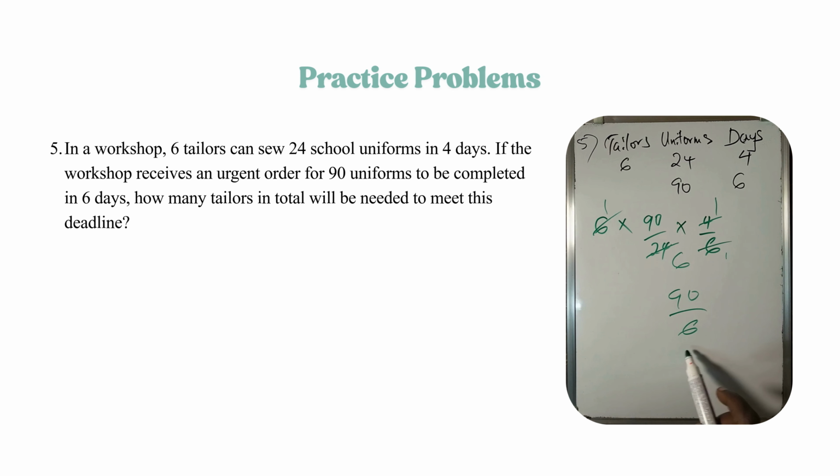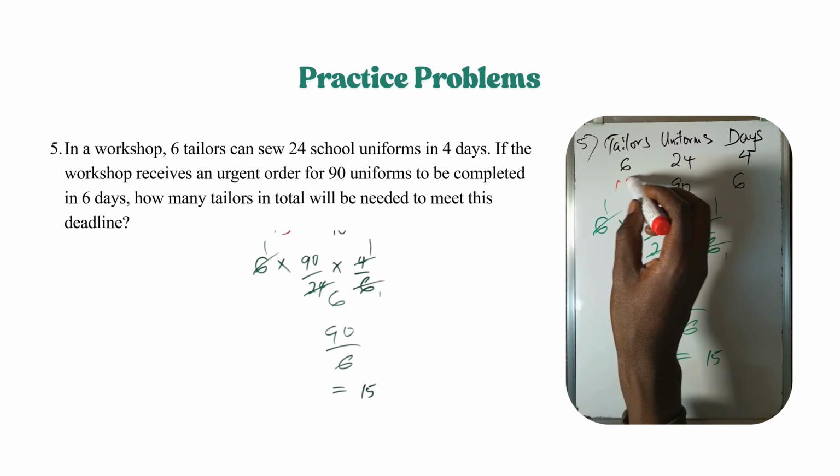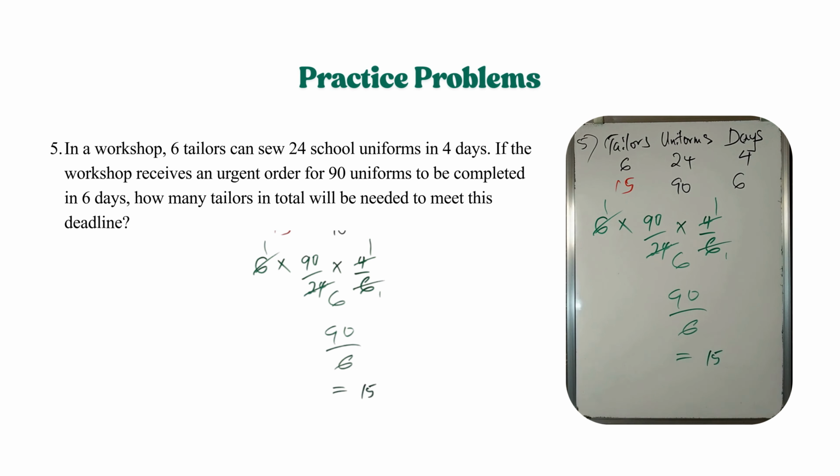So we have 90 divided by 6. If you divide 90 by 6, you get 15. So our answer is 15. We write here we will need 15 tailors.